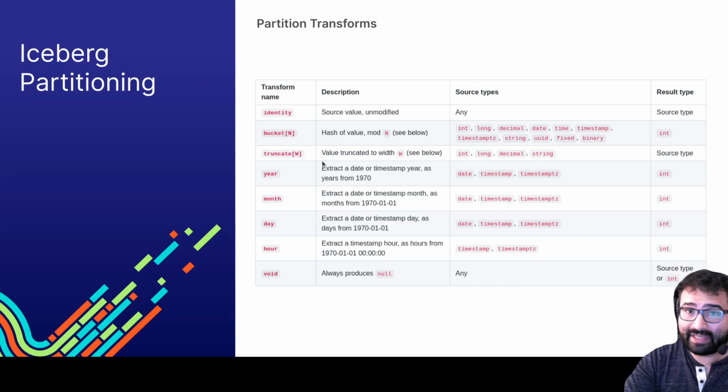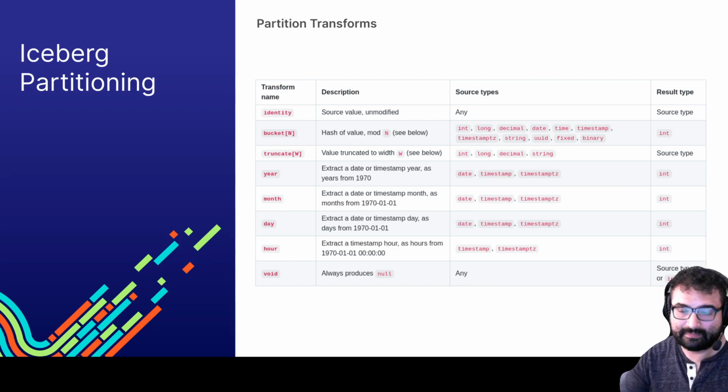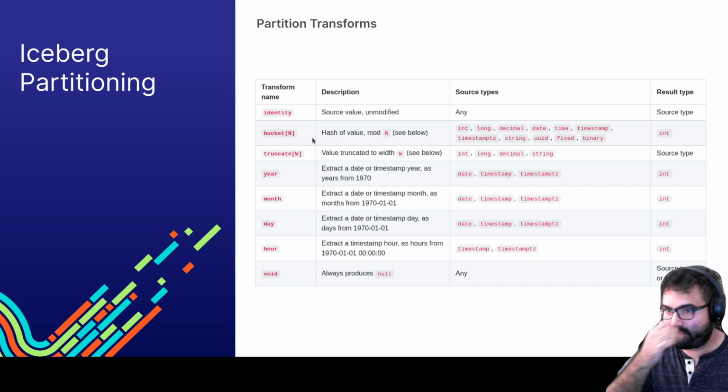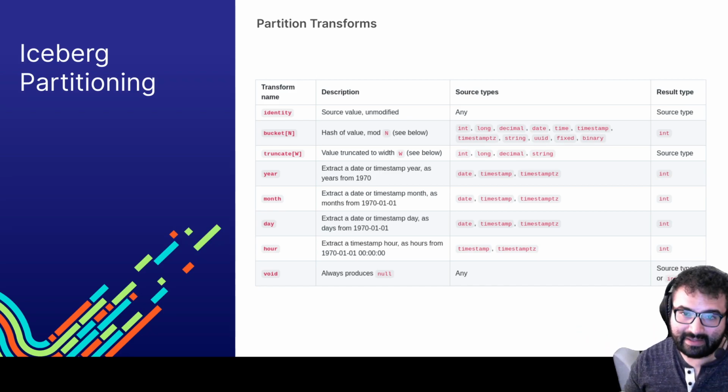You can also do a truncate, so you can say, hey, I want to partition based on the first letter of everybody's name. I can say, hey, truncate to one spot, and it'll basically truncate based on the first letter of each value. Or let's say I have thousands and thousands of potential different values, and I really just want to distribute it. I want it partitioned so that we get some benefit, but not thousands of partitions.